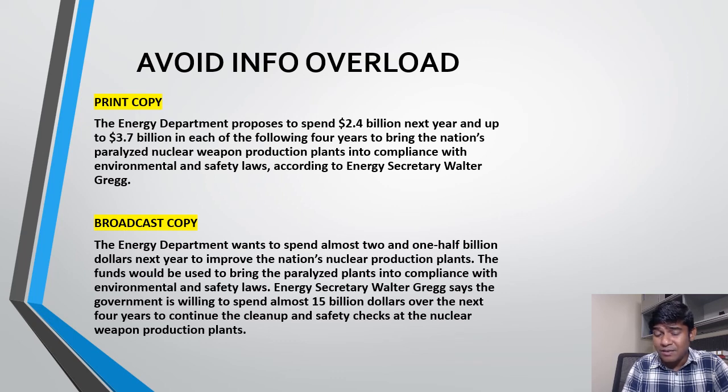See, they have used their common sense. What they say is that the energy department wants to spend almost $2.5 billion next year to improve the nation's nuclear production plants.